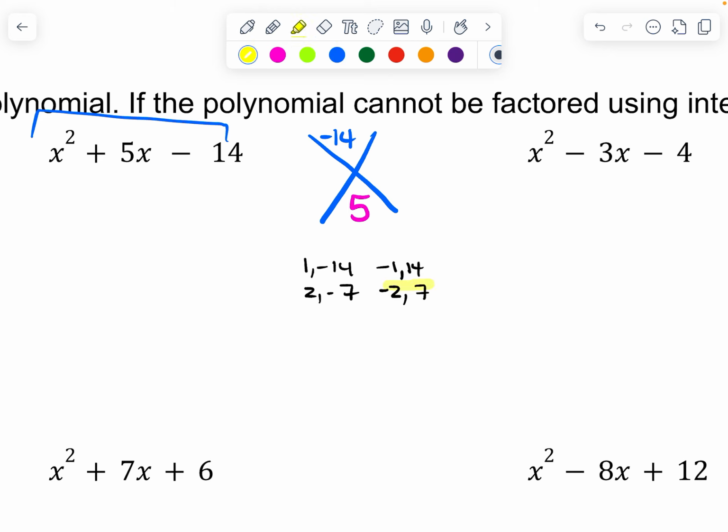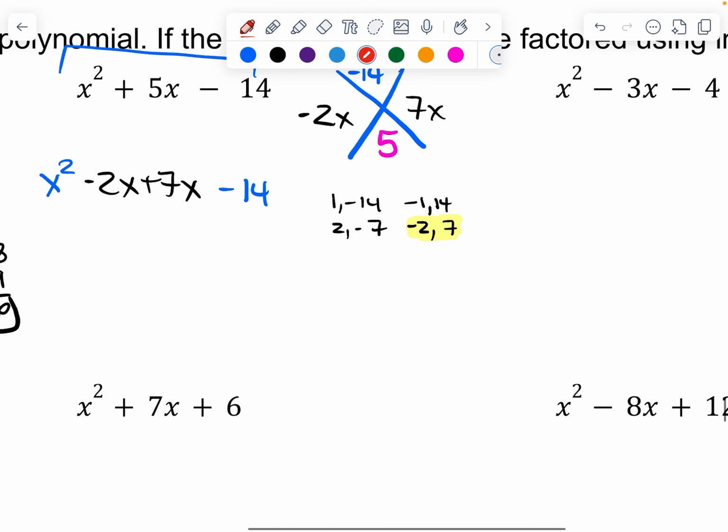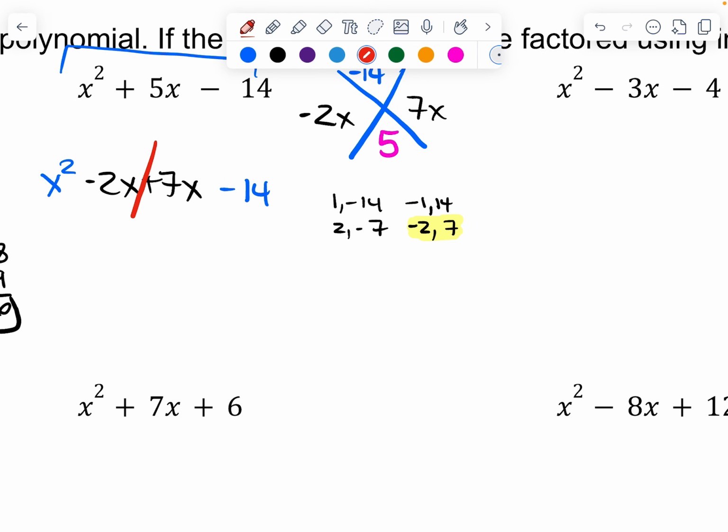So I'm going to put negative 2x, and I'm going to put 7x. So when I write this out, I'm going to get x squared minus 2x plus 7x minus 14. And I'm going to do the same thing I just did a moment ago. Put my slash here.